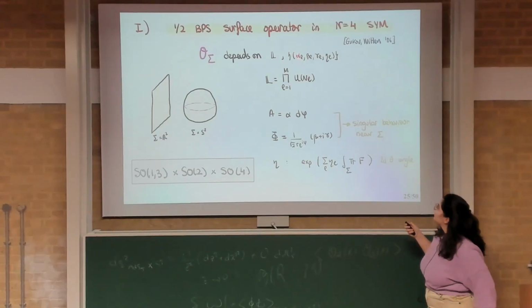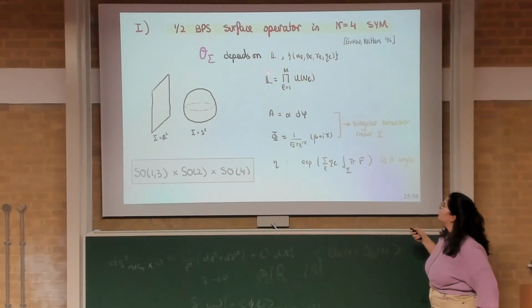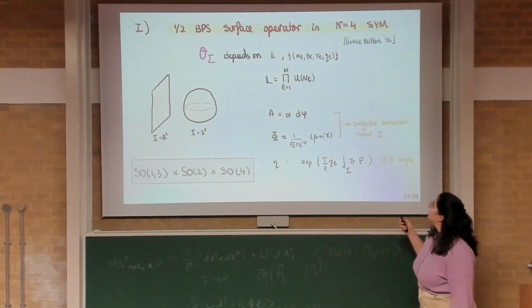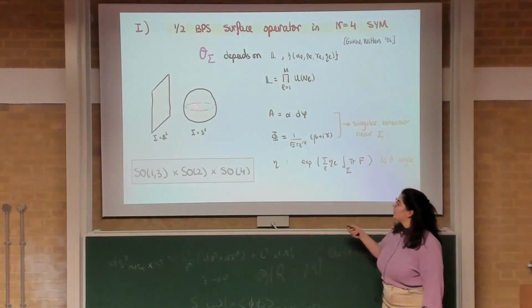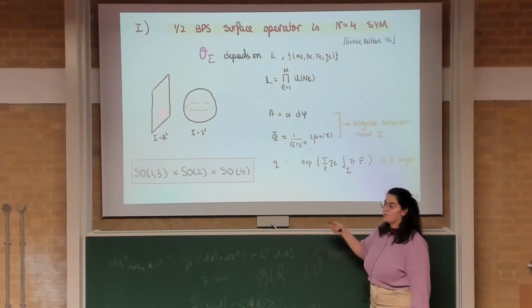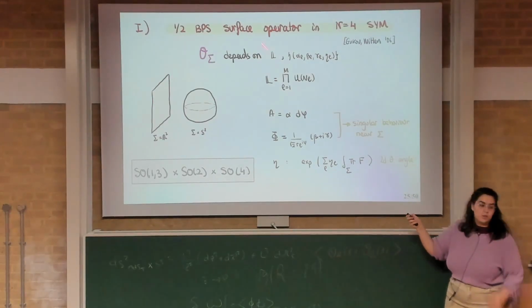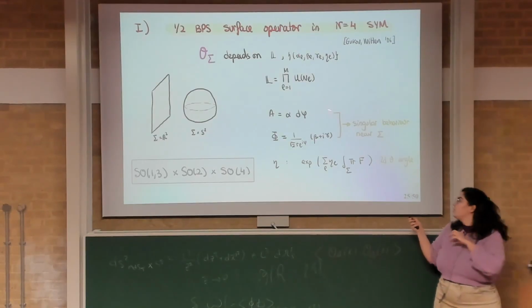It depends on all these continuous parameters that I will explain now, and on a discrete choice, which is a choice of Levi subgroup: the gauge group U(N), when you restrict yourself to the surface operator, is going to be broken into a product of smaller U(N)s.